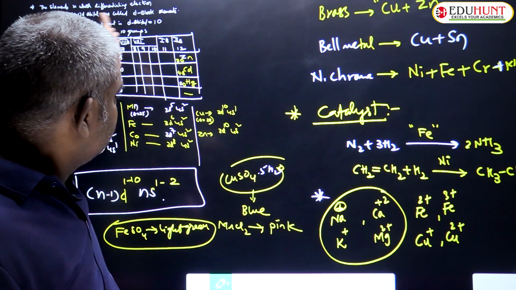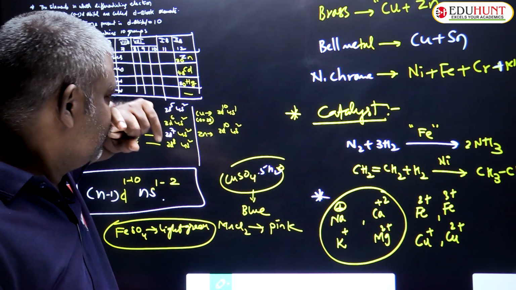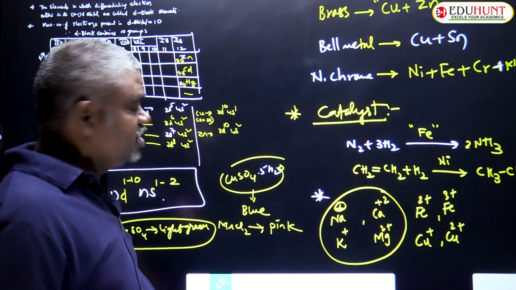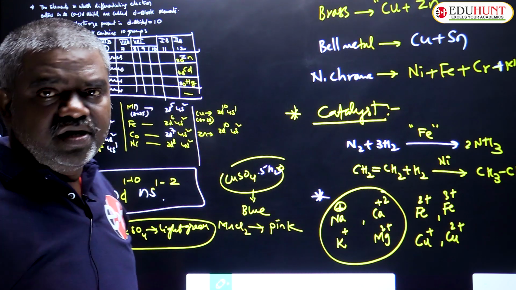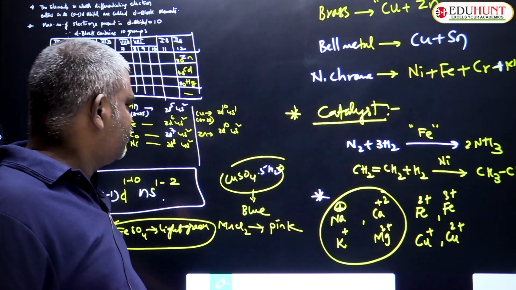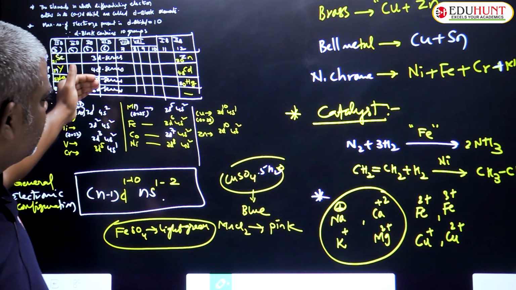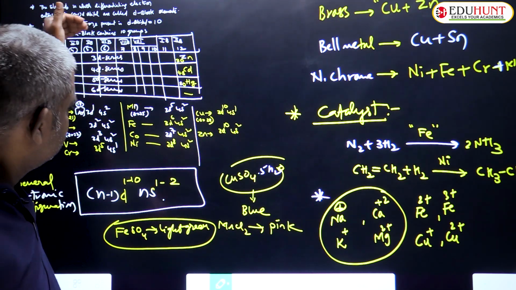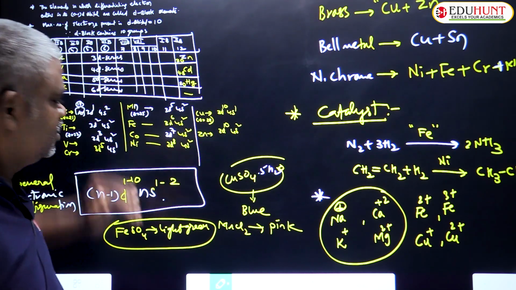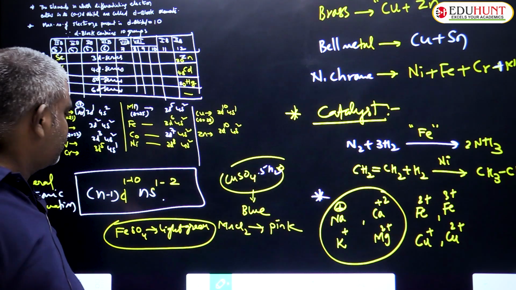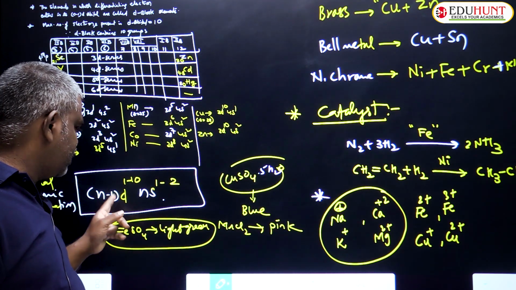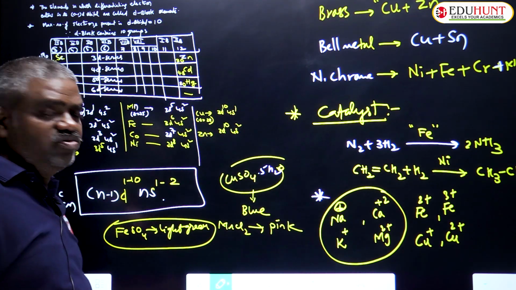The d orbital can hold a maximum of 10 electrons, so they have 10 groups. There are 4 series: 3d, 4d, 5d, 6d. The general electronic configuration of D block elements is (n-1)d 1 to 10, ns 1 to 2.